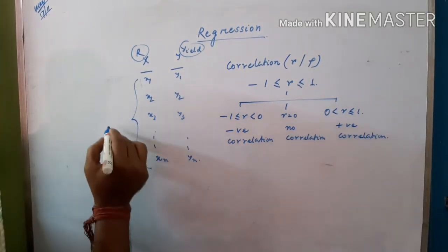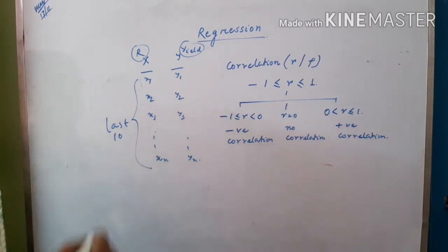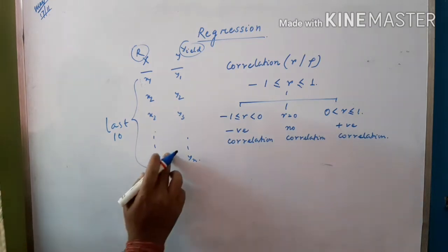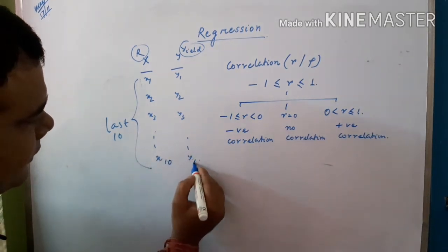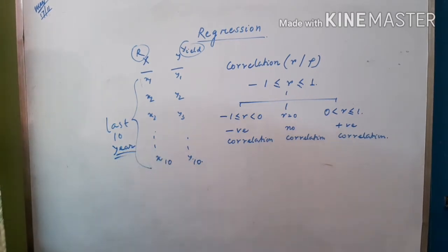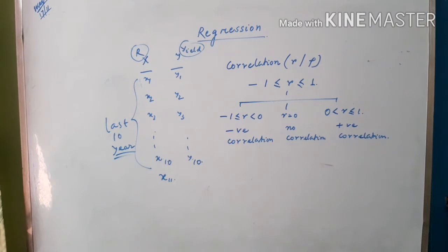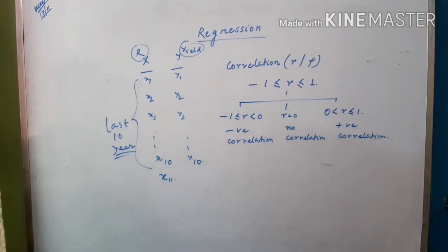So x1 is the rainfall, then y1 is the yield of crop. Clear? Now, if for the 11th year we get the rainfall, then we can make an estimate of what is going to be the yield of crop. Clear? And this process of estimation is called regression.